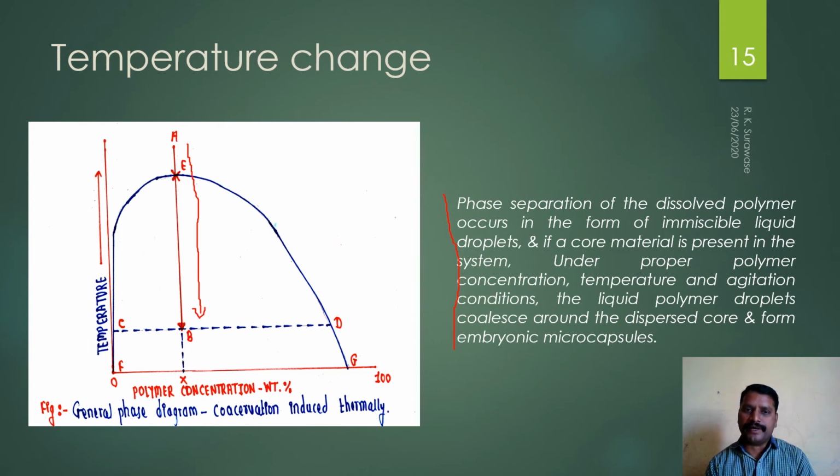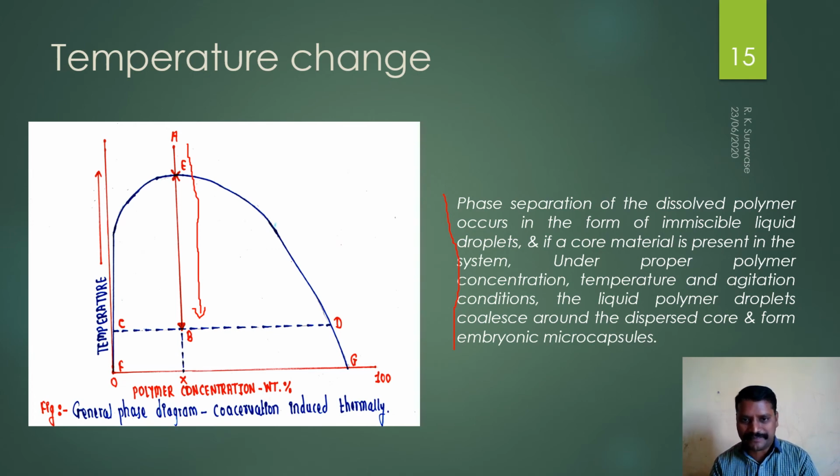So what will happen? When you decrease the system temperature, because of the property of ethyl cellulose, at room temperature ethyl cellulose is insoluble in cyclohexane. So when you decrease the system temperature, ethyl cellulose tries to separate out from the cyclohexane and deposit.